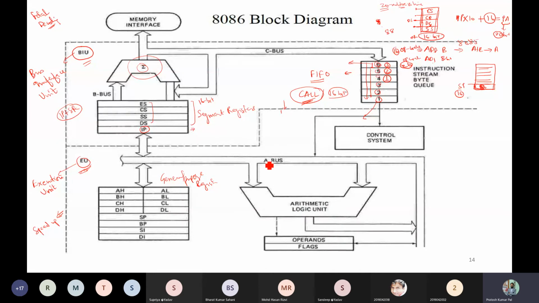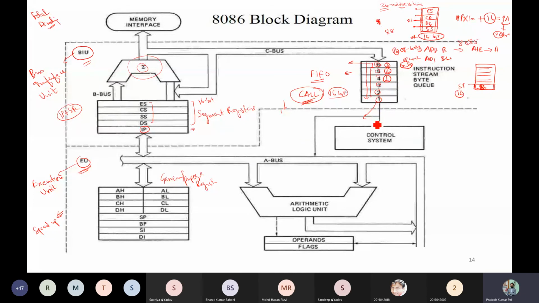So only the fetching of the instruction is performed by the bus interface unit. It will be queued onto the instruction queue. So these fetched instructions are accepted by the execution unit with the help of control signals and the instruction opcodes.